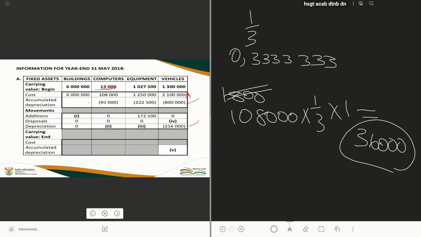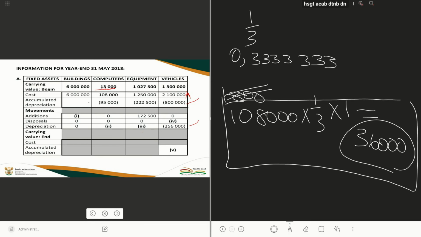So this exercise begins to tell you that your calculations are not appropriate. You can never record any depreciation that is going to exceed the book value. Remember, our book value at this stage is 13,000. Therefore, 36,000 cannot be recorded in our books.